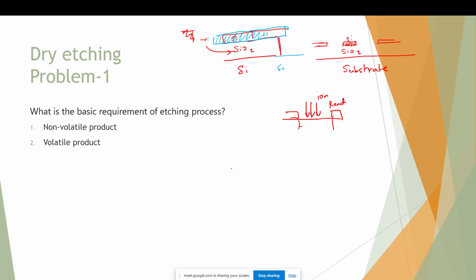So dry etching is more, you can make it automated, you can combine it with different processes more easily, and it is more reliable in terms of the yield. So the etch rates are more reliable, the contamination is less, so your device quality is more reliable, and you do not have to manually do anything, right.